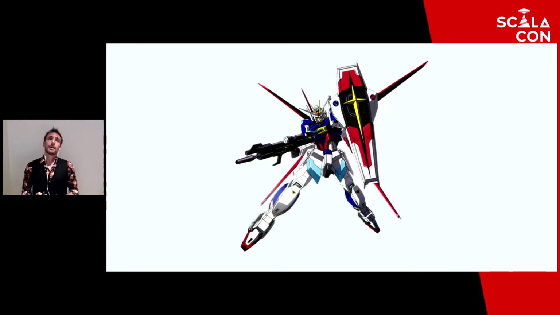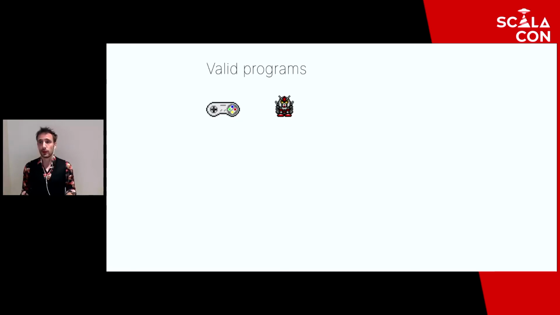So what we're going to do today is we're going to remote control Gundams via an old Super Famicom gamepad controller. And the way that works is that we can send commands to Gundams. And at least initially, Gundams have a very limited vocabulary.